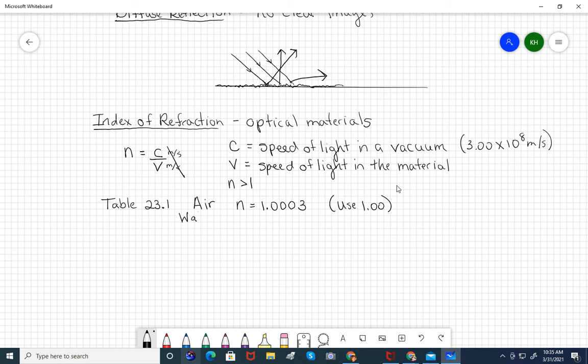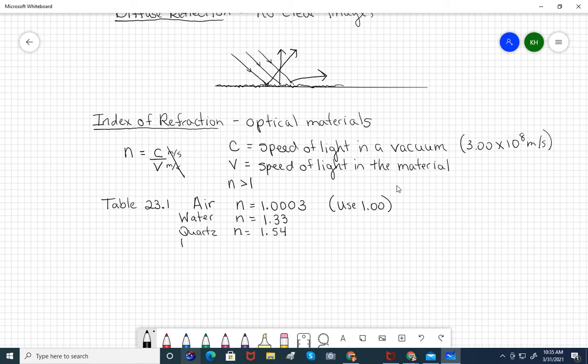Water is a common optical material. It has an index of refraction of 1.33. Quartz is 1.54.